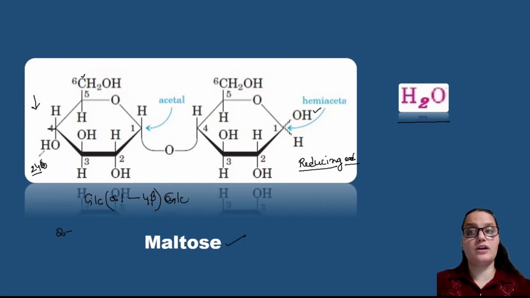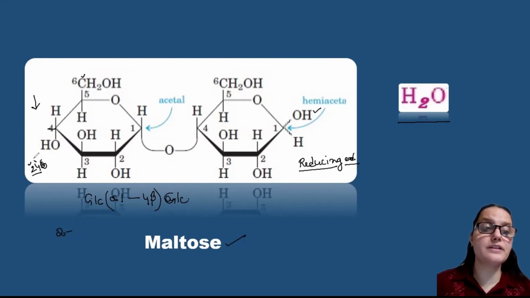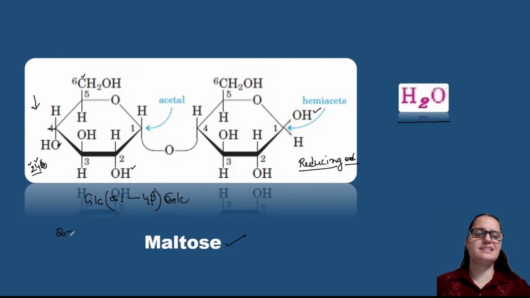The fifth has already lost its hydroxyl group during the cyclization, right? So over here, carbon number 2 and carbon number 4 both have the hydroxyl groups downwards. So it means this is D-glucose. D, right? Gluco.